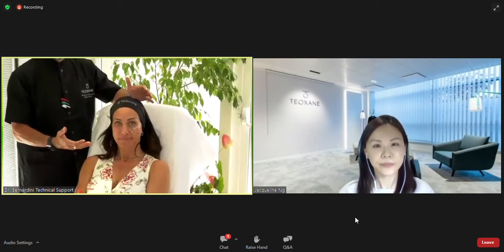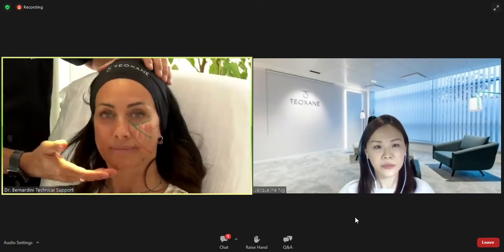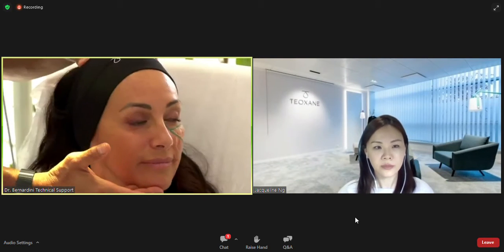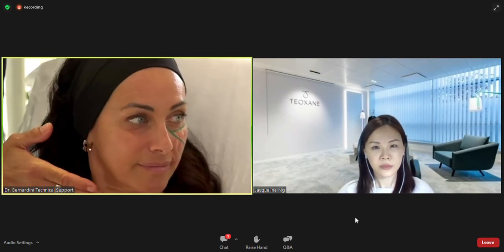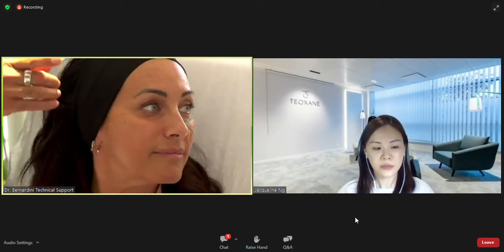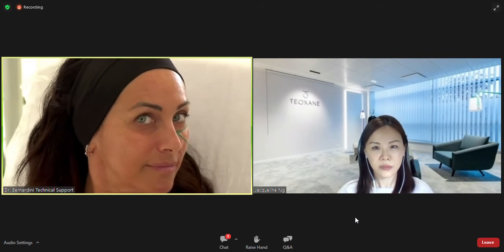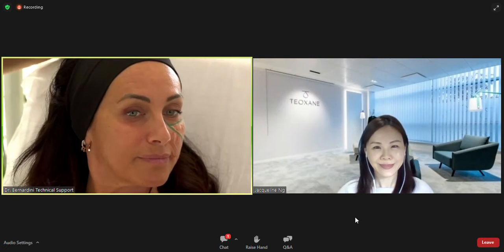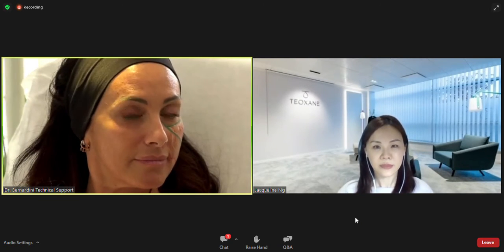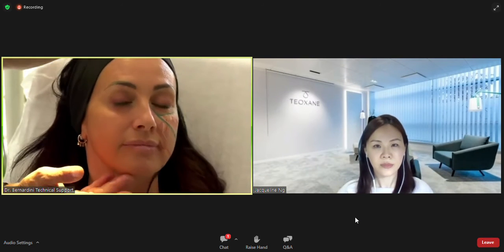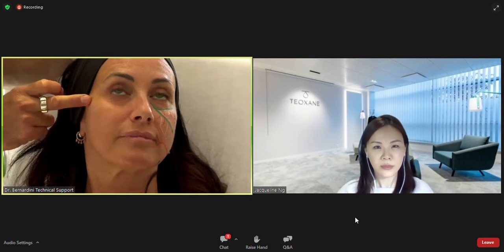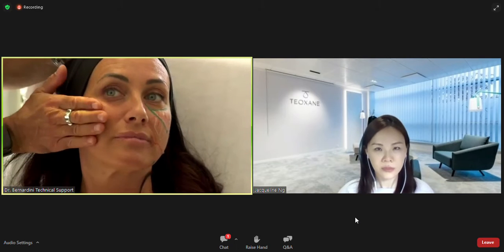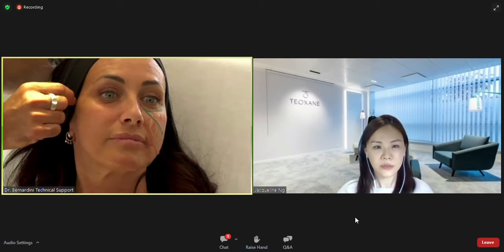She has very strong and high cheekbones here. I've already marked some of the anatomy there for you. She has a strong and very high cheekbone, a very beautiful mid face.